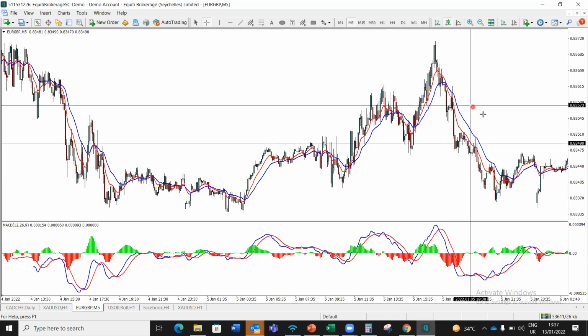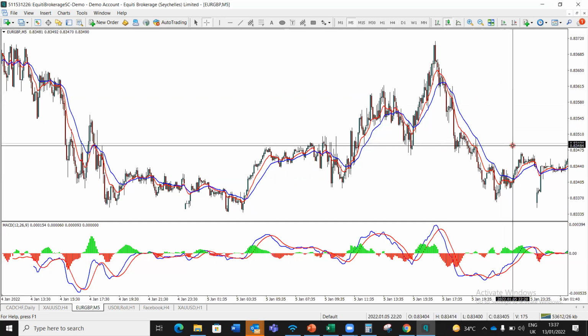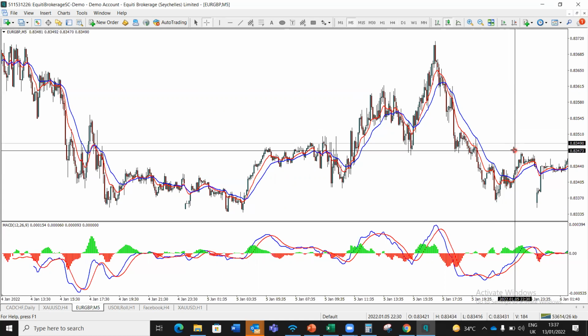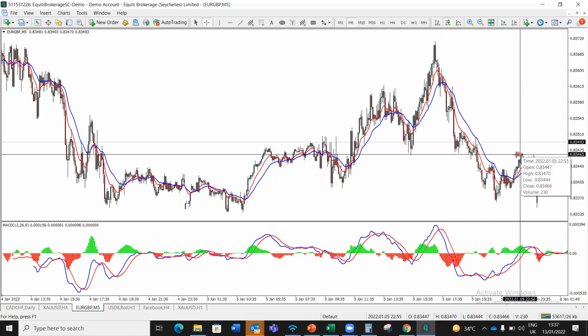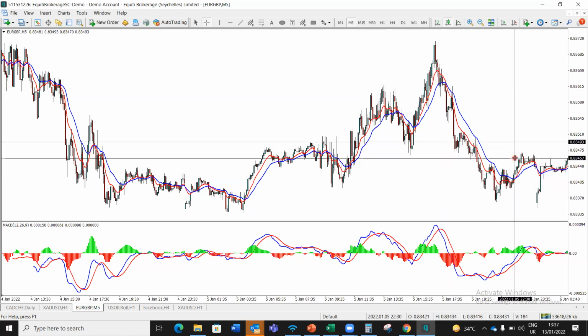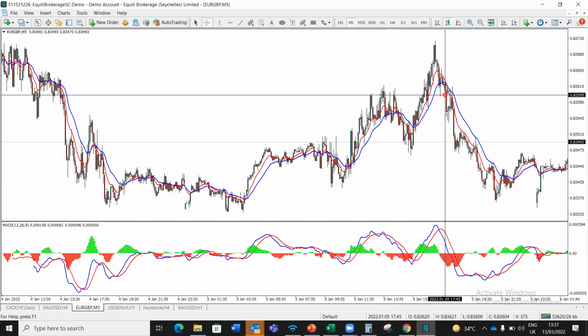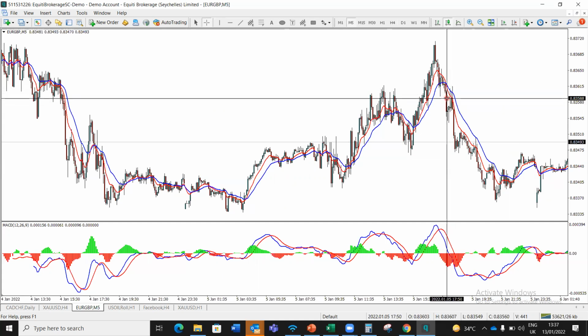You can see the same 5th the trade was closed. We had another signal. Did you see that? Now, watch this. From here you took your trade to where you're going to close your trade, that's about 15 pips. You would have closed your trade and you are in profit.